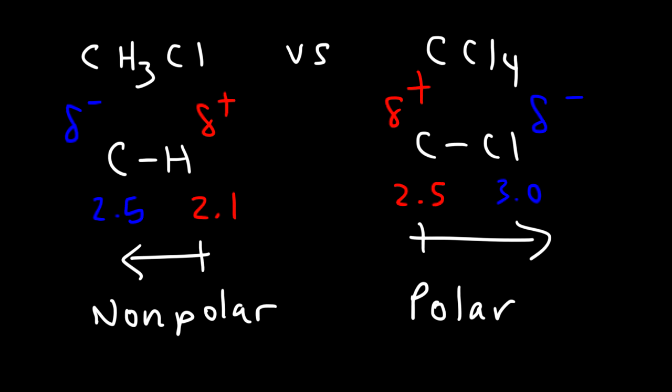And so the carbon-chlorine bond is going to have a much larger dipole moment than the carbon-hydrogen bond. The dipole moment is the product of the charge and the separation distance, or the distance between the opposite charges. So charge and the size of the atoms matter. So for bigger atoms, the dipole moment will increase. Keep that in mind.